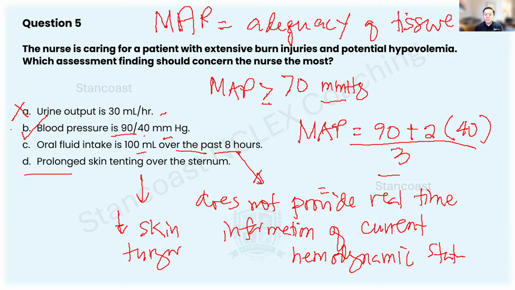So our patient really requires more hydration this time, but a prolonged skin tenting can be an indicator much more of a chronic manifestation. Sometimes it's not a reliable indicator of an acute issue in the hydration. Again, this is much more of a chronic indicator more than an acute issue.